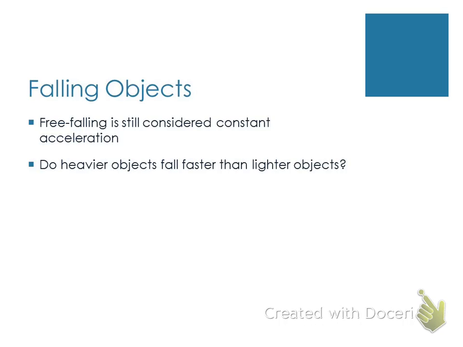Raise your hand if you think the lighter object will fall faster. Raise your hand if you think they're going to hit at the same time. That is correct. They will hit at the exact same time, whether they are heavy or light.